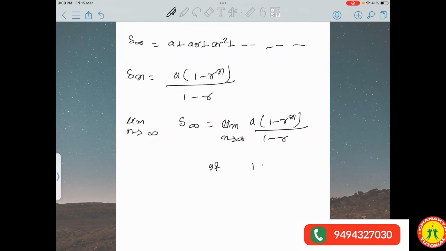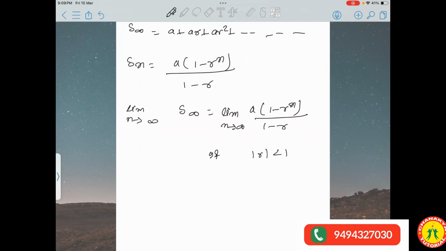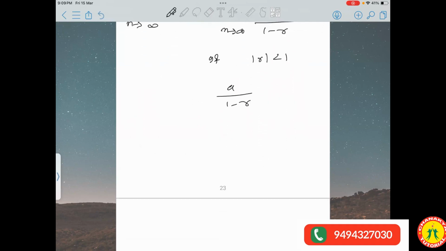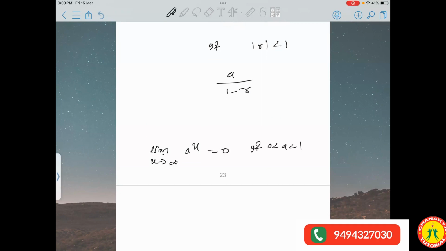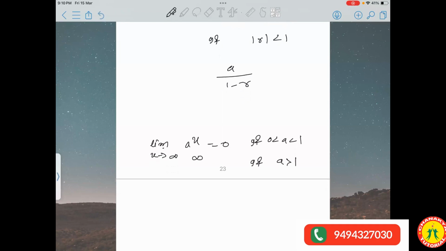If mod of r is less than 1, then the answer is a upon 1 minus r. Because we know the limit of a power x as x tends to infinity: if a lies between 0 and 1, it is equal to 0; if a is greater than 1, then infinity; and if a is equal to 1, then 1.